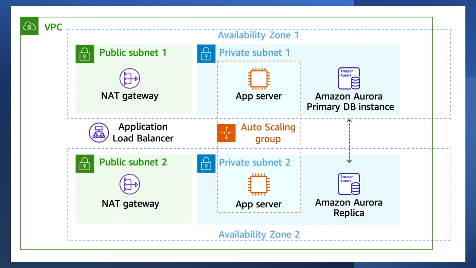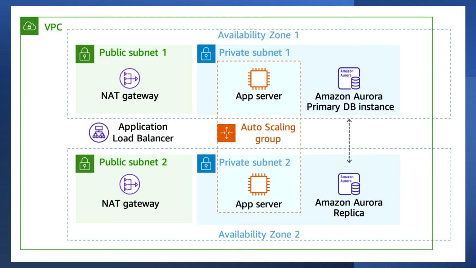The current architecture has only one NAT gateway in public subnet 1, and all of the inventory app servers use this NAT gateway to reach the internet. This means that if availability zone 1 fails, none of the application servers would be able to communicate with the internet, since we have only one NAT gateway.